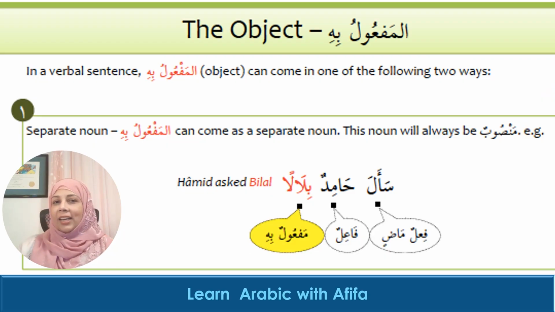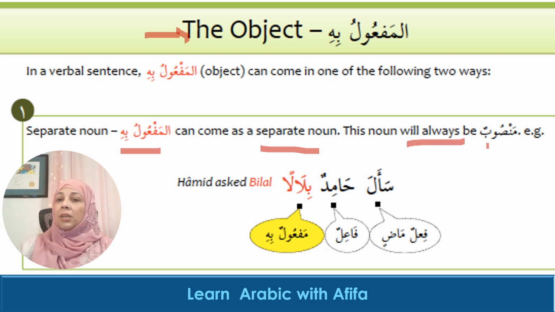Now let's take another example of the object. We see that the object al-maf'ulu bihi can come as a separate noun in the sentence. So this noun will always be mansubun. So let's take a look at this example. Sa'ala Hamidun Bilalan. It means Hamid asked Bilal. Here, sa'ala is the verb and Hamidun is the subject of this verb.